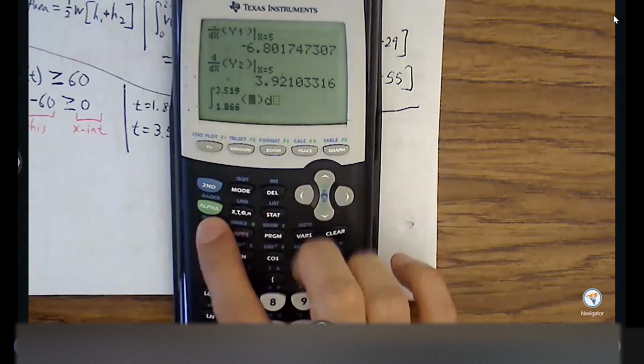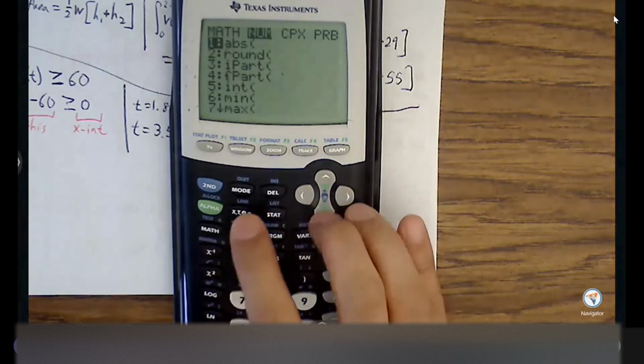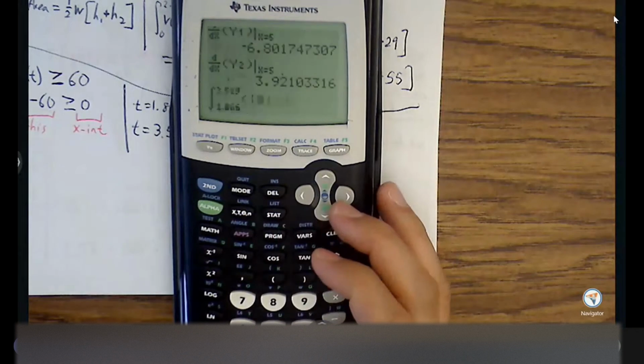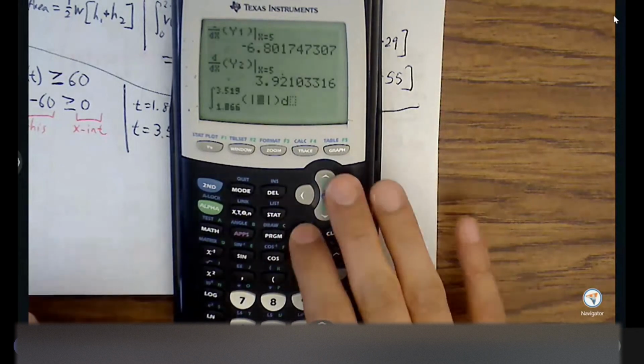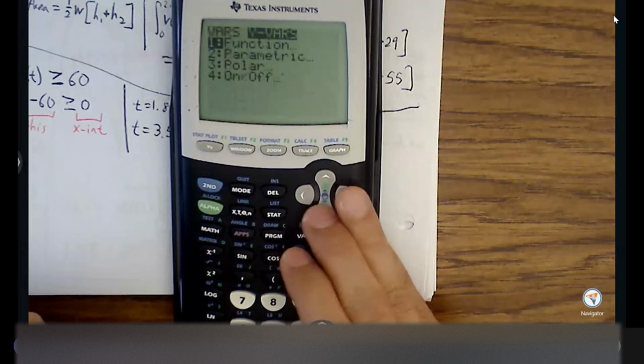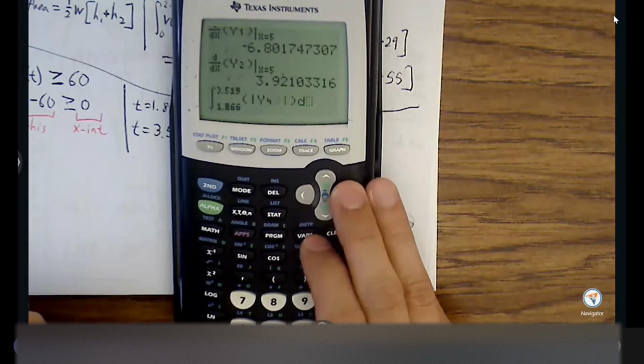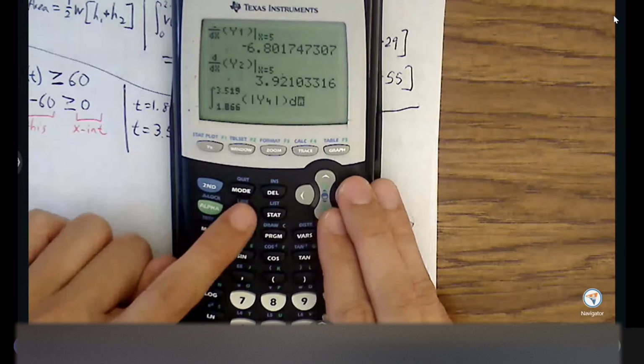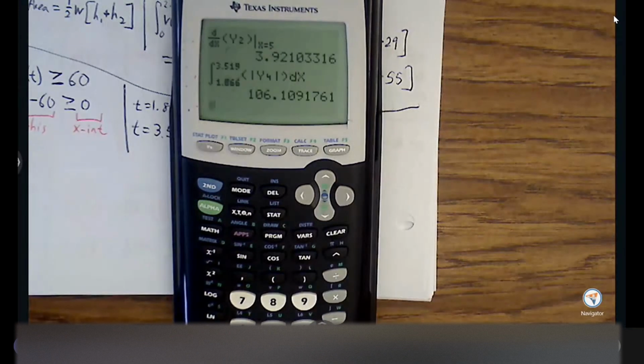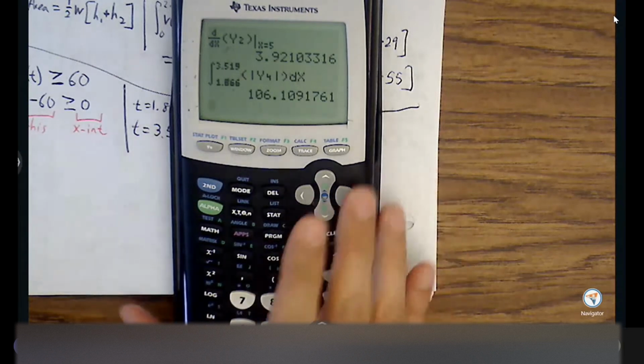To get to absolute value, you're going to go to math, number, ABS. And I have Y4 holding my velocity function, dx. Total distance in that time interval where the velocity is at least 60 meters per hour is 106 meters.